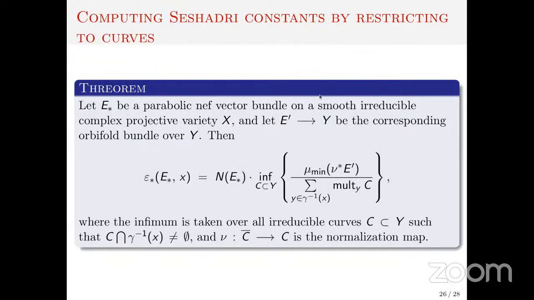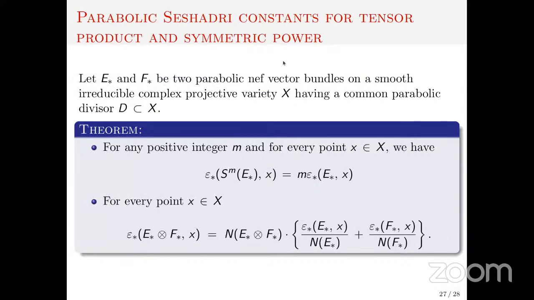So using this criteria, we proved some results about the Seshadri constant of symmetric power and tensor product of two parabolic bundles. So let E star and F star be two parabolic nef vector bundles on a smooth irreducible complex projective variety having a common parabolic divisor D. Then if you consider the mth symmetric power, I have not defined the symmetric power of a parabolic vector bundle, but one can use the correspondence with orbifold bundle.